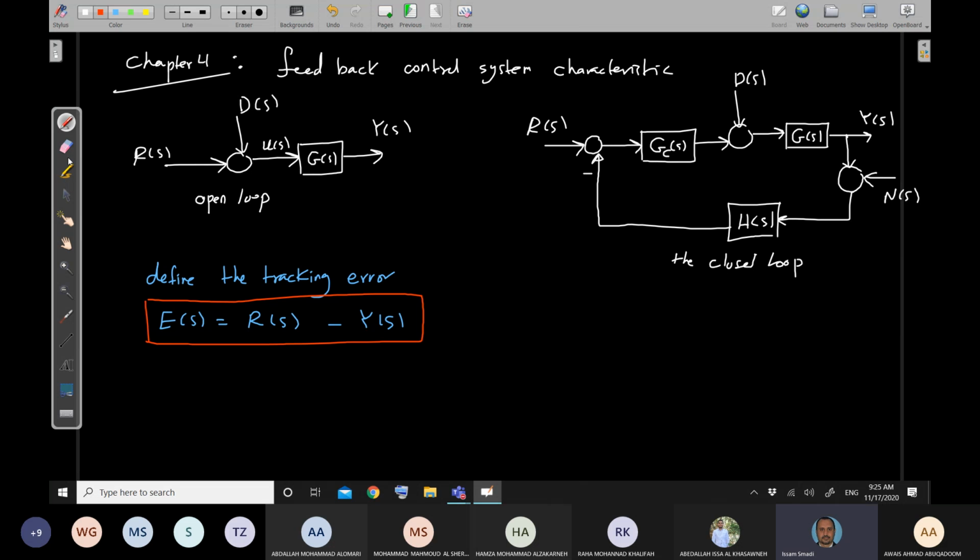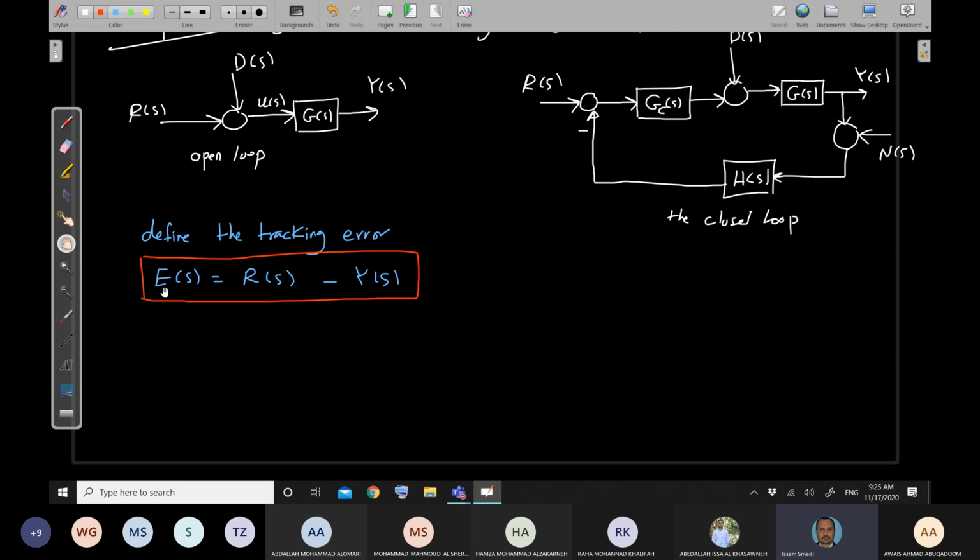Okay. So now, who can find the error signal here? E(s) here equals what? For this one, Y over R equals what here? G(s).